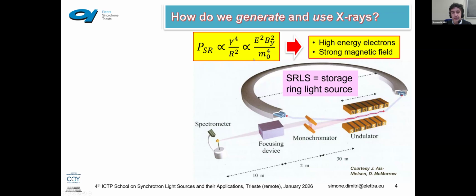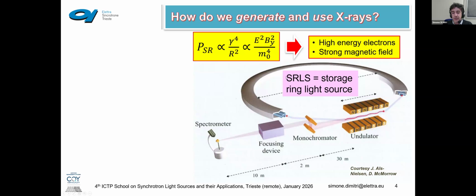Now we can translate these physical quantities into total energy, magnetic field, which is the driving force of the centripetal acceleration, and inversely proportional to the rest mass of the particle, which is an invariant for each particle. So this expression tells us that in order to get very high electromagnetic power radiation, we need very high energy, strong magnetic fields, and relatively light particles.